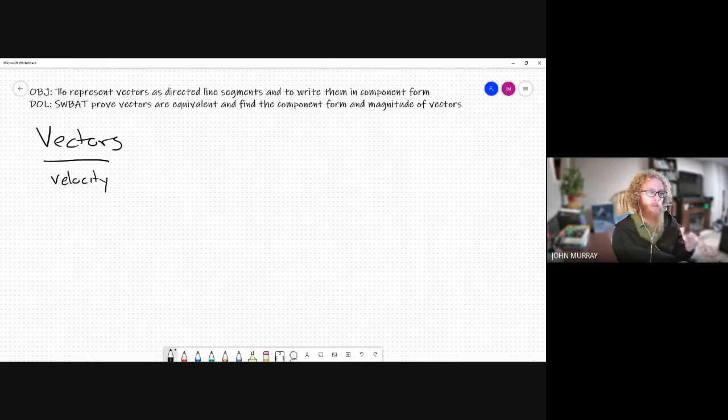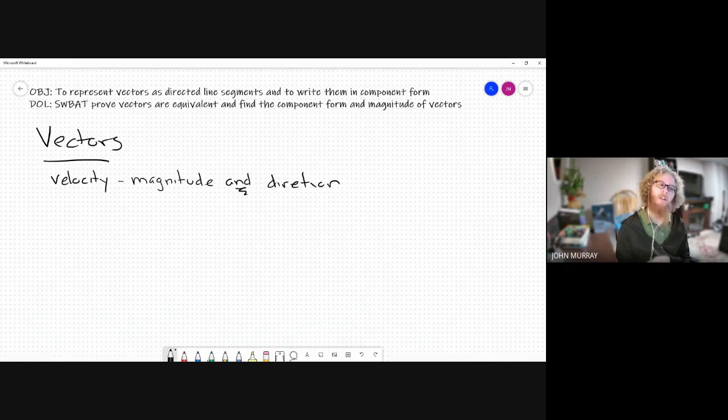But from a mathematics standpoint, velocity has what we call magnitude, which is the speed aspect, but we also have direction with velocity.